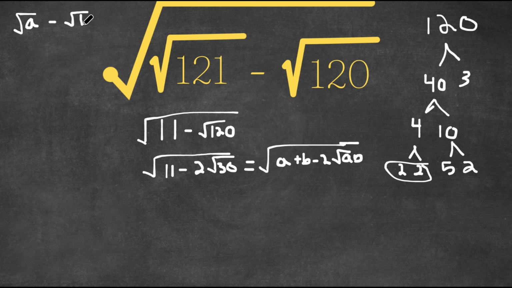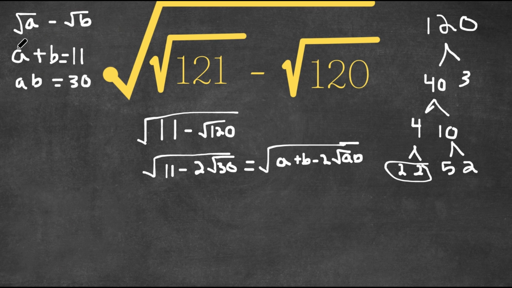We want to turn it into this form. Well, to do that, let's find out our values. A plus b here is equal to 11. And in the radical, we have 30, which is equal to ab. So ab is equal to 30.